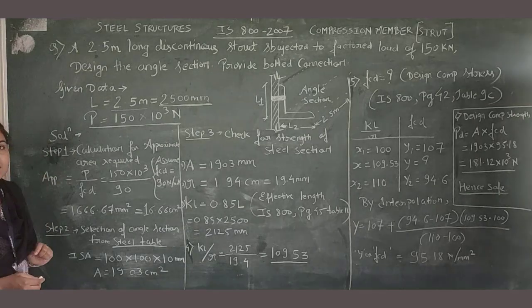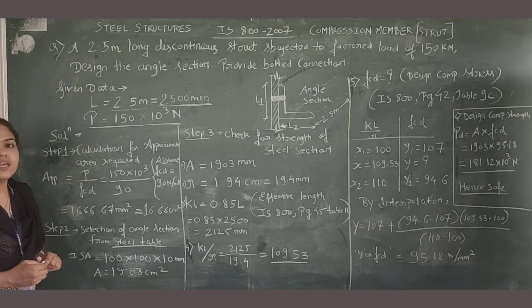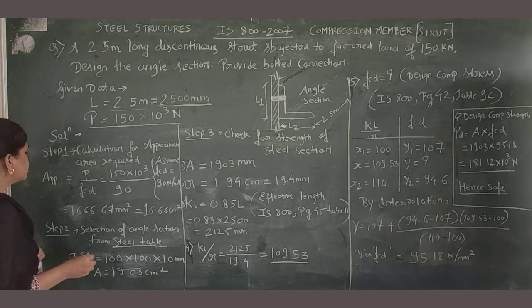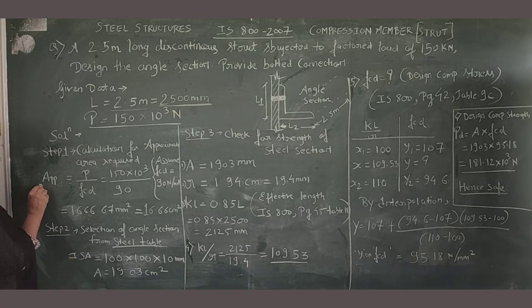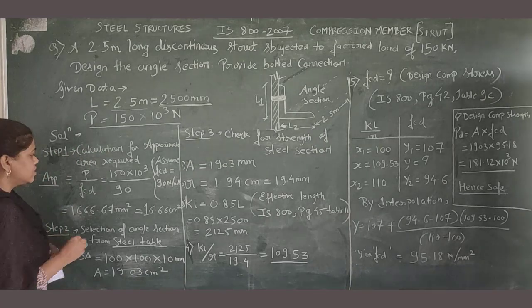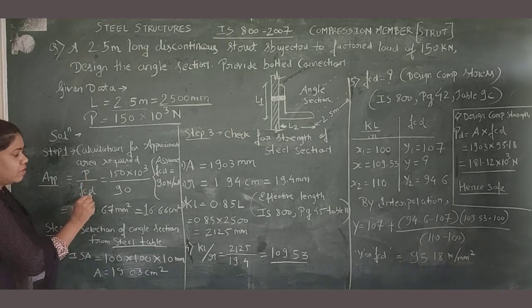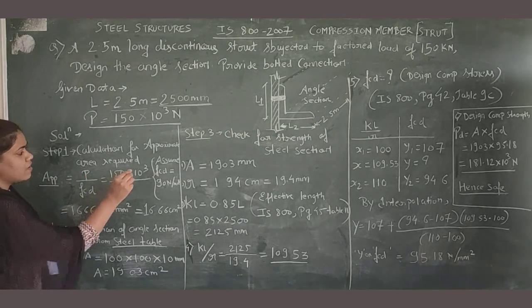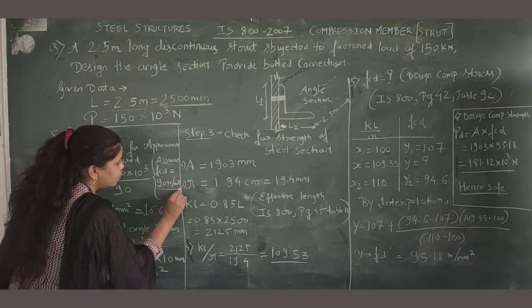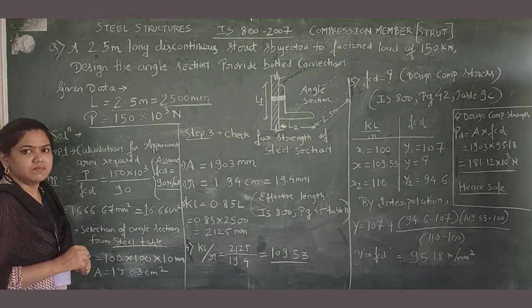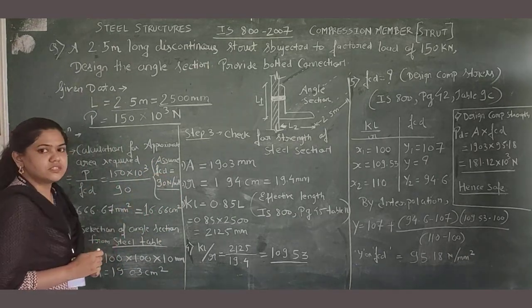In step number 1, you have to calculate the approximate area. The formula for the approximate area is P by fcd. Here you assume the fcd value as 90 Newton per mm square, that is the design compressive stress.